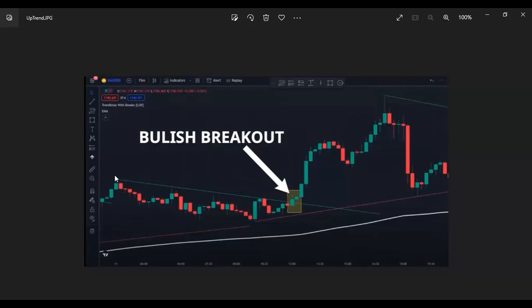So whenever you see a green line, you wait for it to break above the green line, come back and touch it and break up away from the green line for an uptrend. You see that? That's awesome. Amazing. I love that. So that's a bullish breakout.